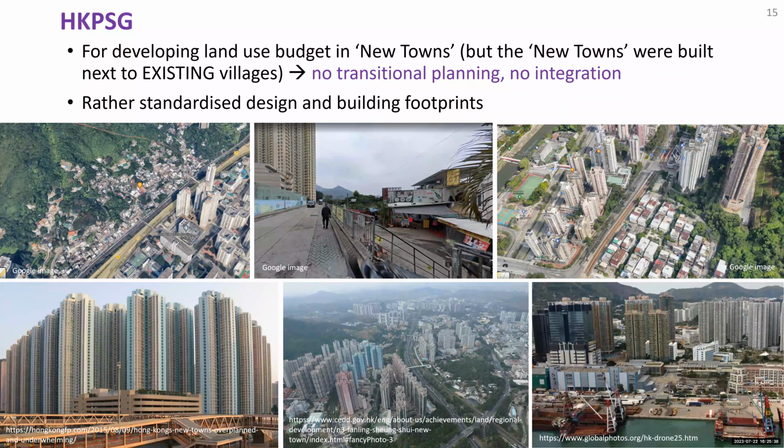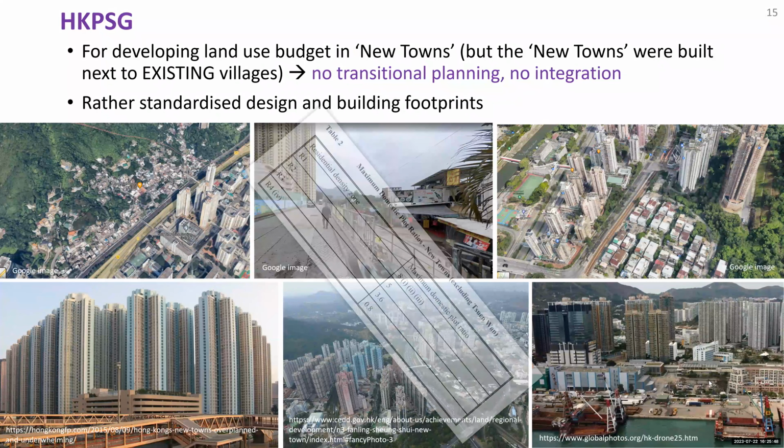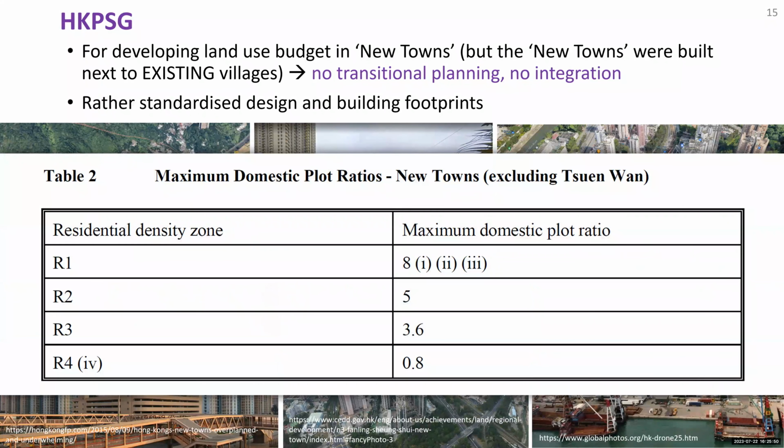Also, because of the planning standards and guidelines, we produce pretty standardized design and building footprints. Why? Because the planning standards and guidelines tell us the domestic plot ratios, like how high you can build.